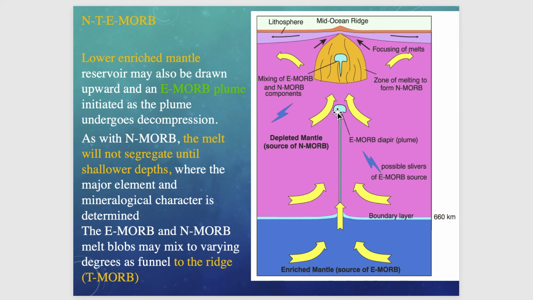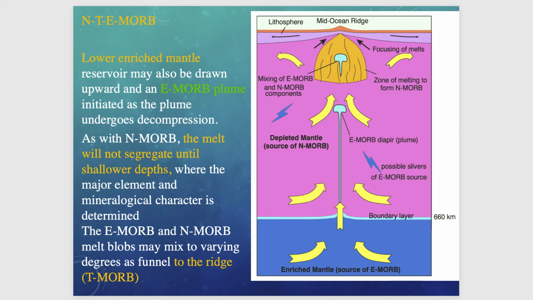The melt will rise, form a diapir, and then the diapir will move further and interact with the N-MORB components. So this will result in a transitional MORB, which is usually found in these funneling sites where we have the ridge, so the main boundary that separates the two crusts, and this again will be a mixing of these two distinct types of magmas.